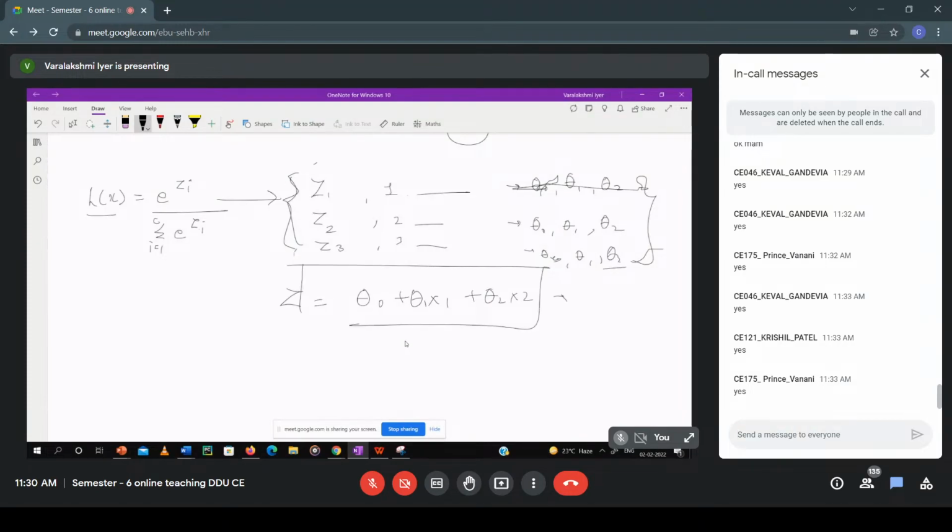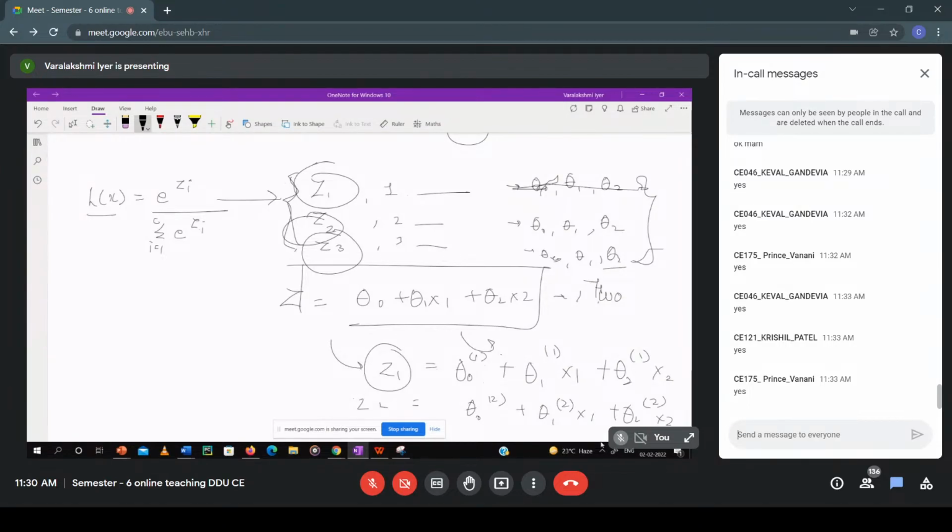For example, we have two features here, so this is the generalized equation. But for each case, Z1, Z2 and Z3, we'll have unique values. For Z1, we'll have theta 0 for class 1, plus theta 1 for class 1 times x1, plus theta 2 for class 1 times x2. Similarly, for Z2, we'll consider theta 0 for class 2 plus theta 1 for class 2 x1 plus theta 2 for class 2 x2.